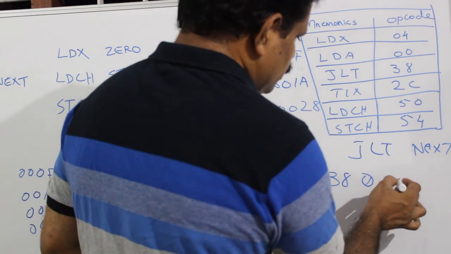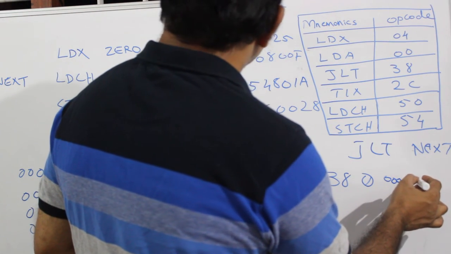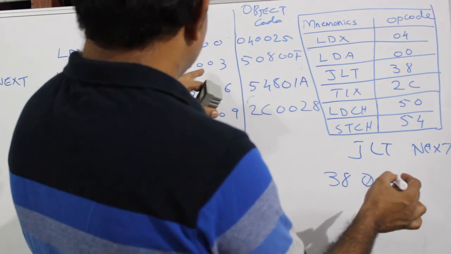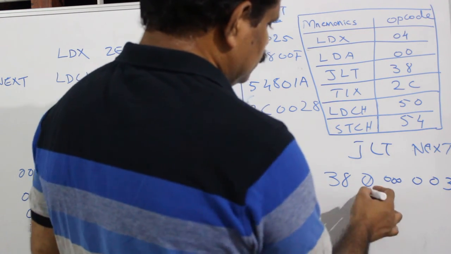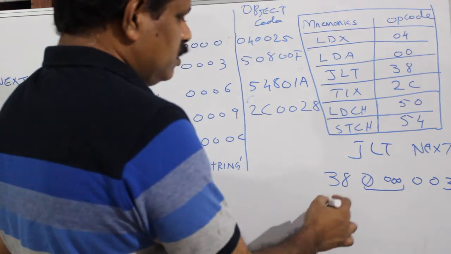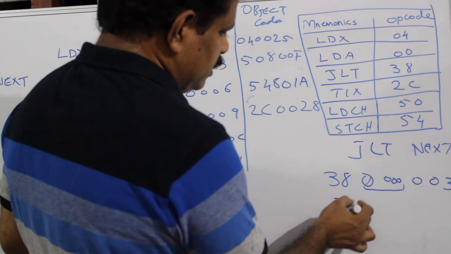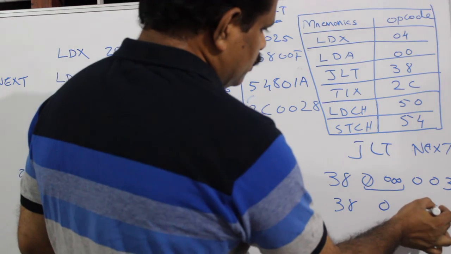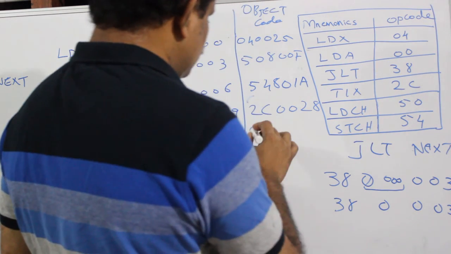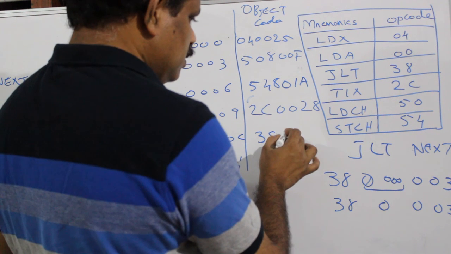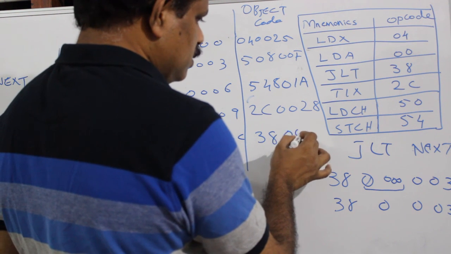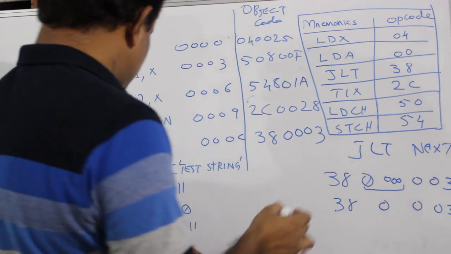So 0003 should be a group. So it is 380003.